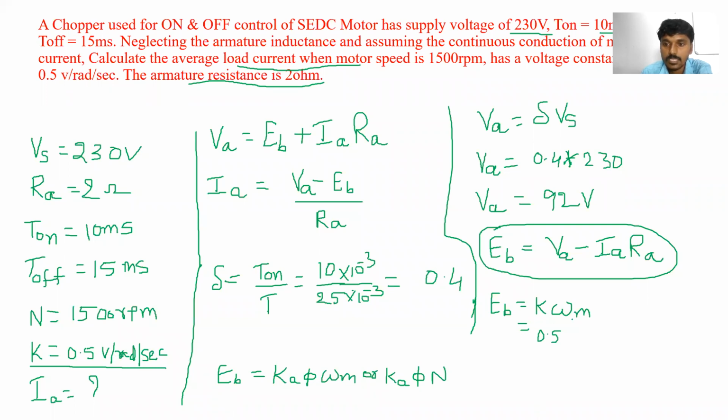That's why we are taking the motor speed in radians per second. Is it clear? Based on the motor constant, whatever is given, radians per second or RPM. If radians per second is given, take the motor speed in radians per second here as well. If volts per rotations per minute is given, we can take K into N directly. Is it clear?